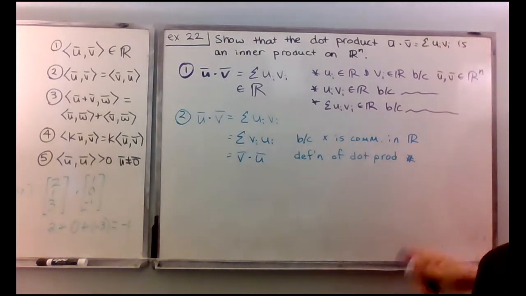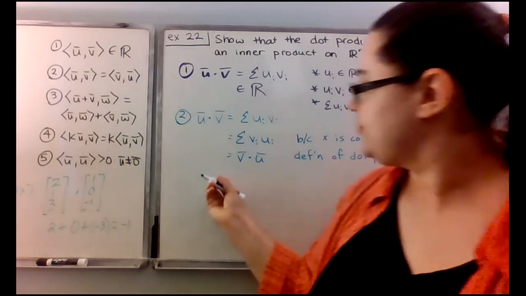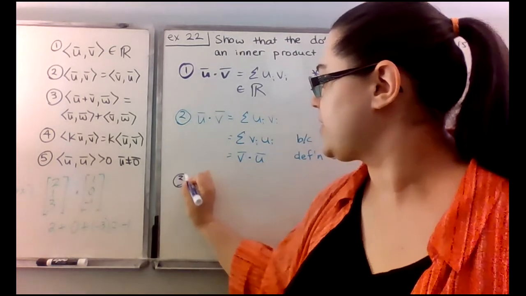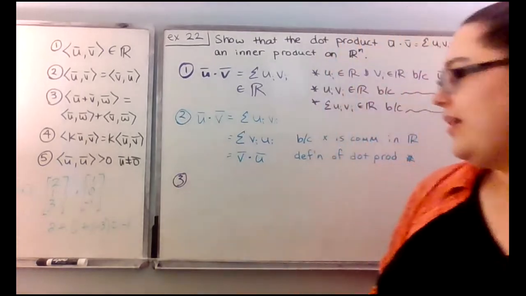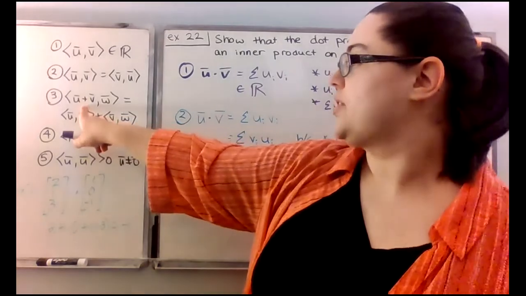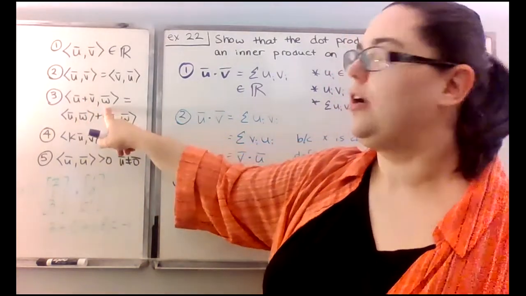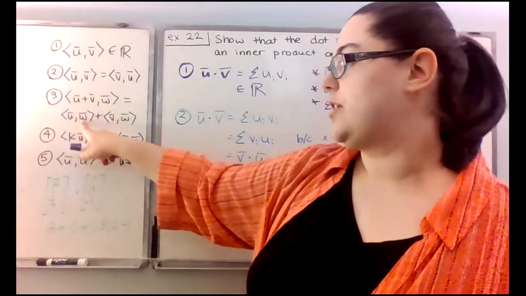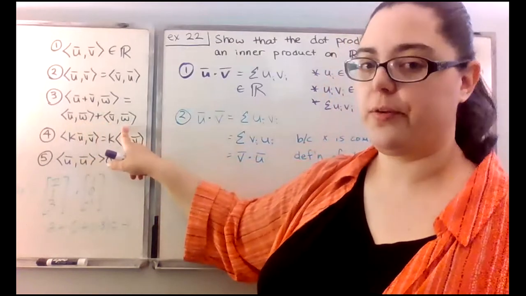So there we go. It's going to commute. So next we'll do the third one. I might not have enough space here. We'll try and give it a go. For the third one, we have to show that if I have u plus v and I dot that with w, I get the same thing as u dot w plus v dot w.